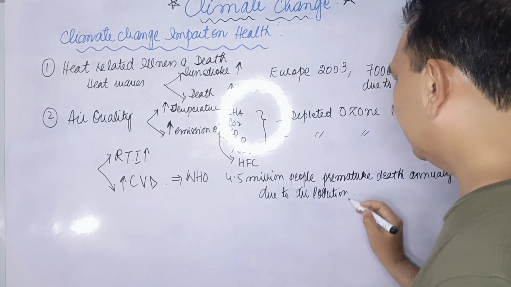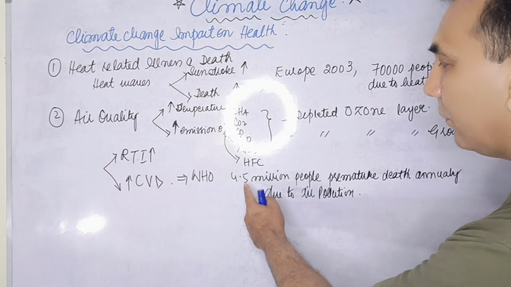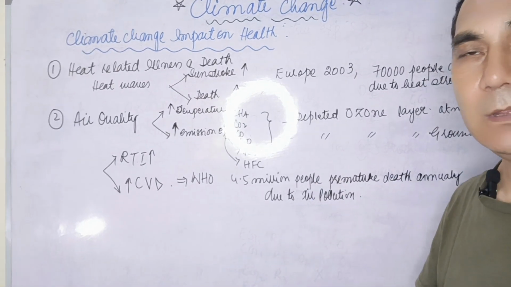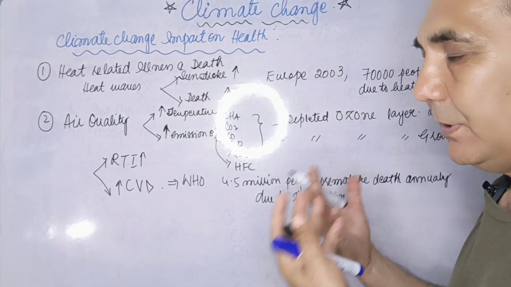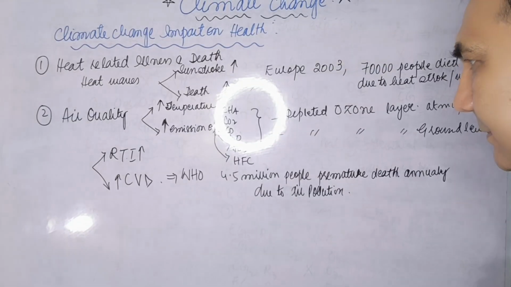It's a very huge number. Per year, 4.5 million people account for premature death due to air pollution alone.